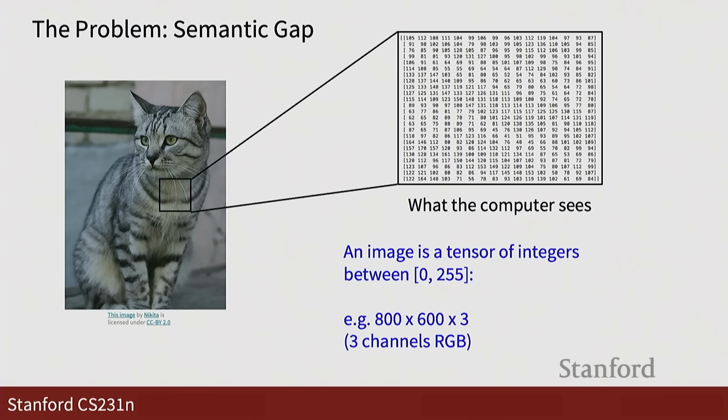And since this is a colored image, assuming a resolution of 800 by 600, and since it's an RGB image, it has 3 channels of red, green, and blue, and therefore it's a tensor of 800 by 600 by 3, as you can see on the slide.